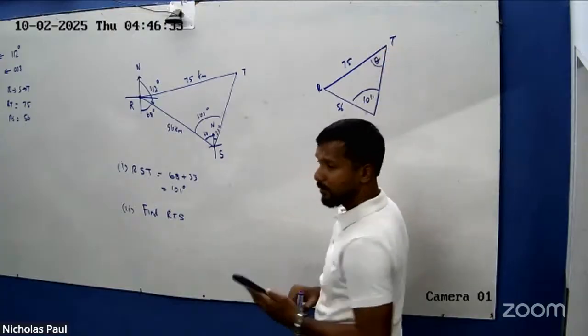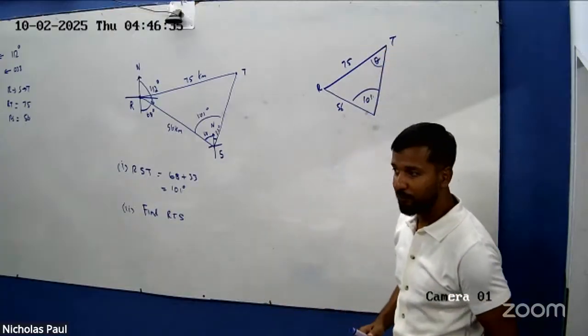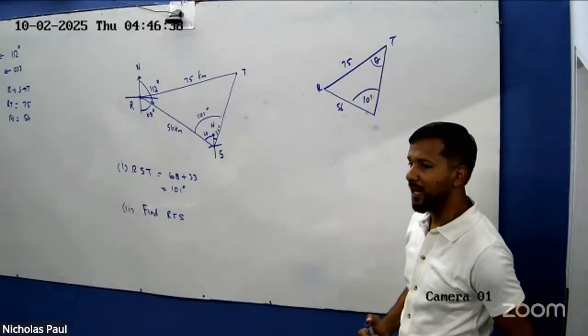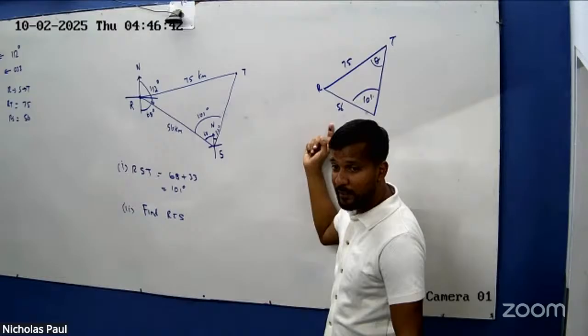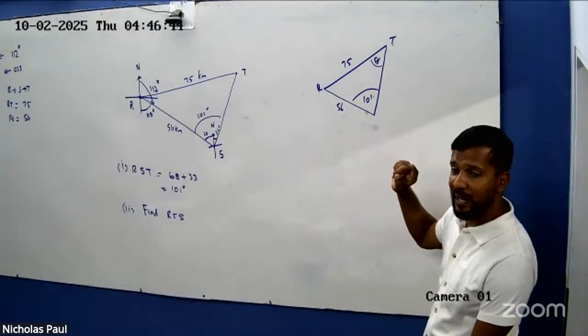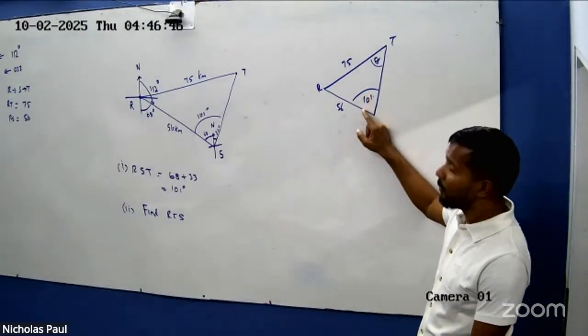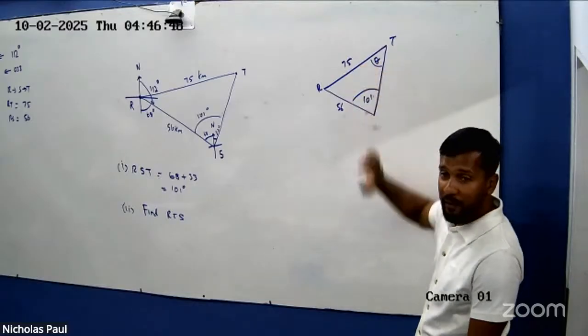Right? Jogging my mind back to last week. This and this is the exact same thing. Right? So jogging my mind back to last week, Ethan. Right? Two angles here.